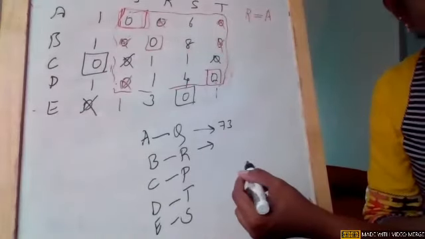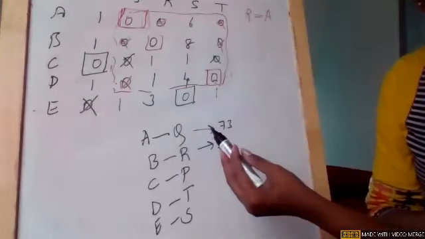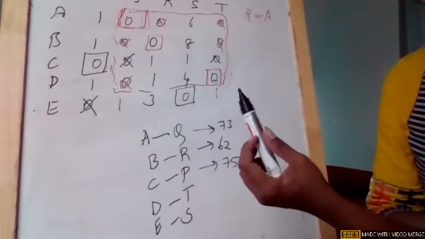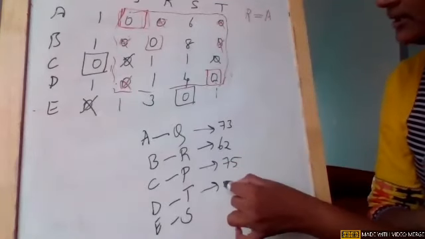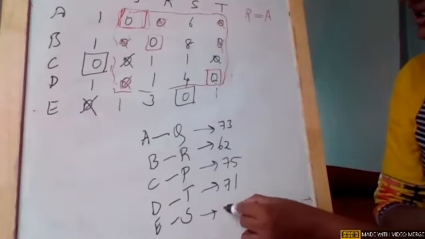So B is to R, which is 62, and C is to P, which is 75, and D is to T, which is 71, and E is to S, which is 108.